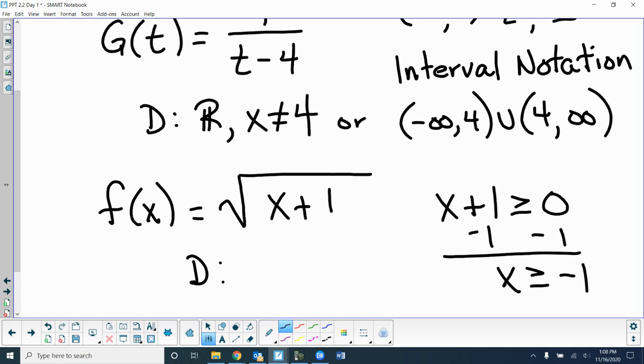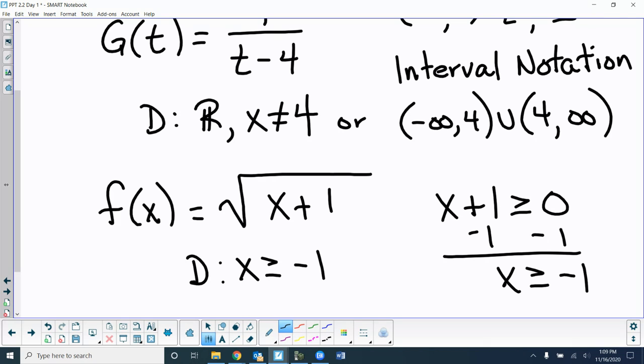So if I put any number, negative 1 or bigger, it's a function. Okay, it'll work. I can do it. So I would just write this for my domain. If I get a number like negative 2, negative 2 plus 1 would be negative 1, and the square root of negative 1 is i, right?